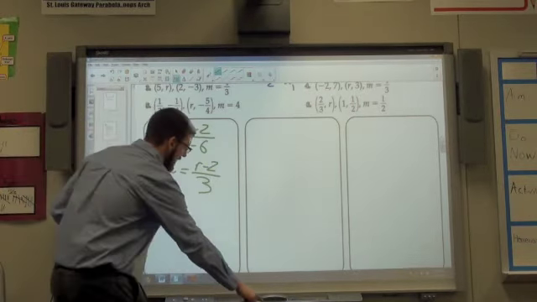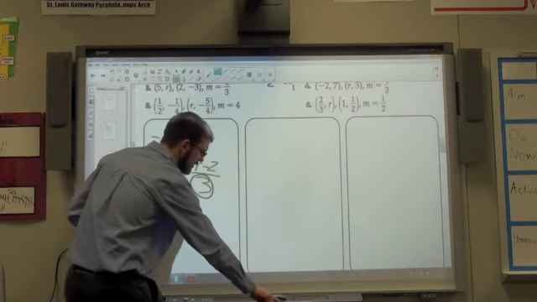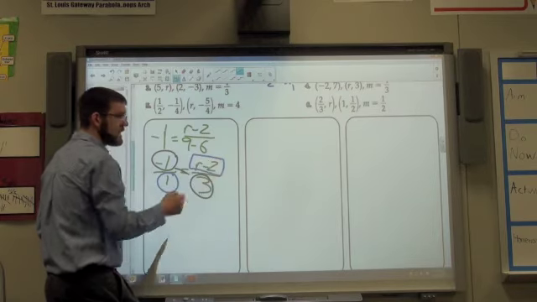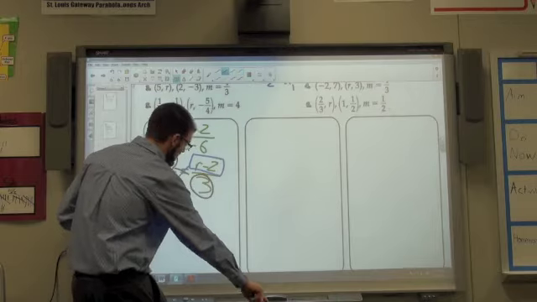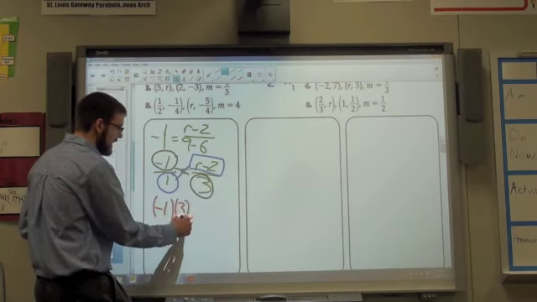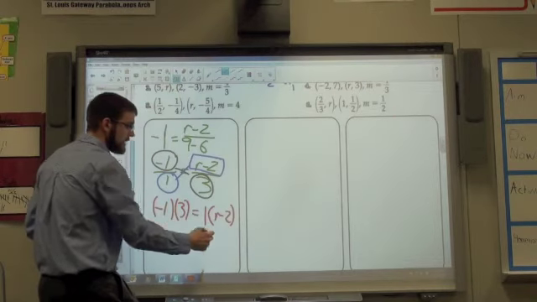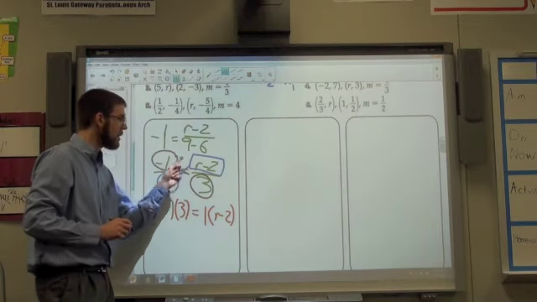So I'm going to take -1, multiply it by 3, and I'm also going to take 1 and multiply it by the entire quantity, r minus 2. When I do that, my result is -1 times 3 equals 1 times the quantity r minus 2. Now remember, you're not just multiplying this integer down here by r.